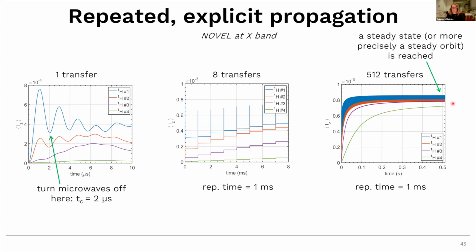Or more correctly, it's actually a steady orbit, because with each time we pump the magnetization in the transfer, we still change the system, but it's now recurring every time to a similar state. So the state still changes, but periodically it comes back to the same state. I'm going to call that a steady state in the next slides.